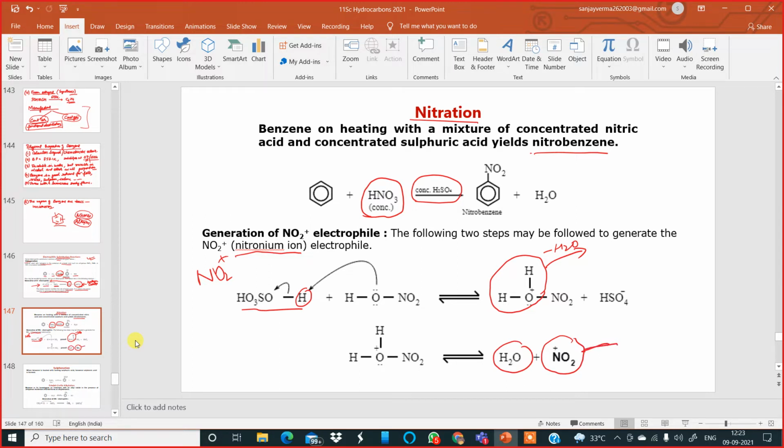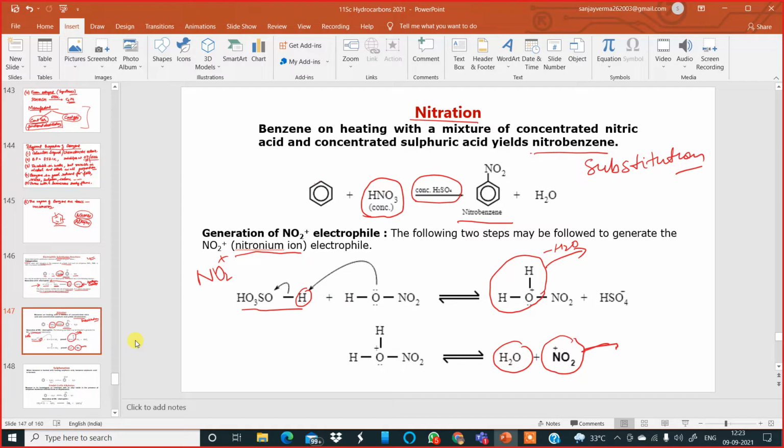Now this nitronium ion is acting as the electrophile over here, and it is replacing the hydrogen which is present on the carbon atom in the ring. So it is producing nitrobenzene. This nitration is also an example of substitution reaction by an electrophile.